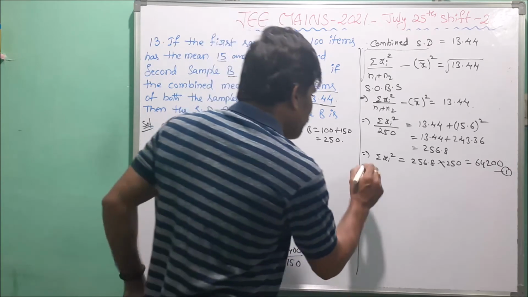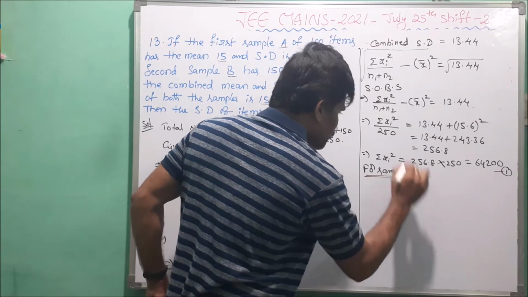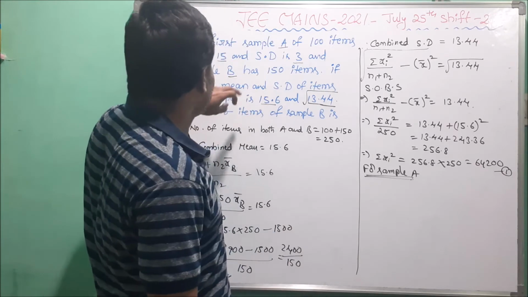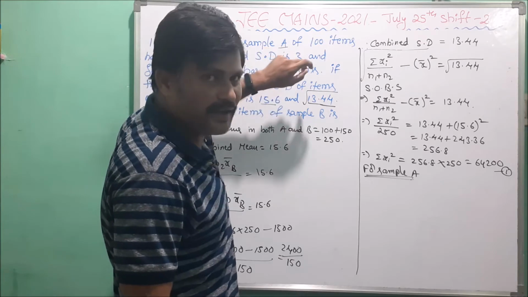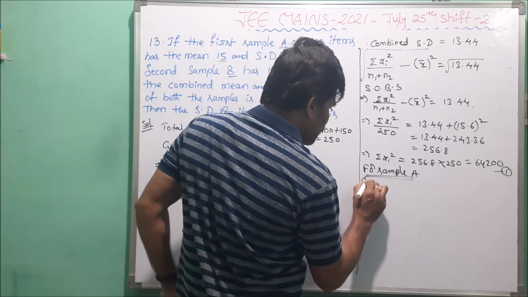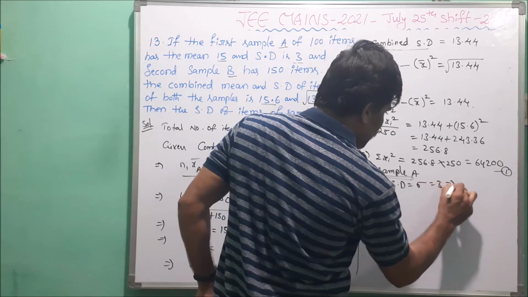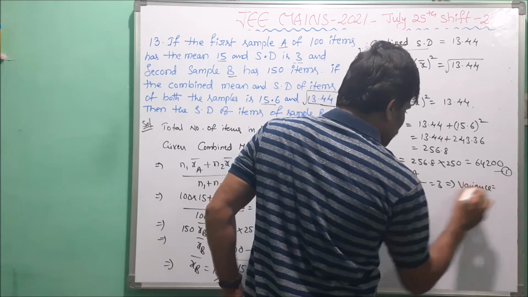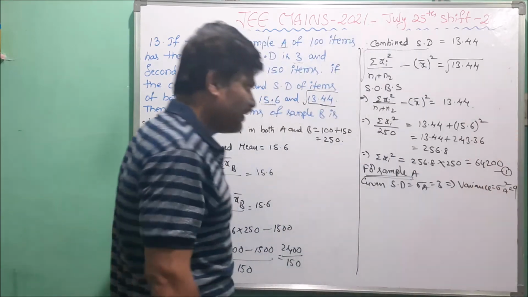Similarly, we take sample A. For sample A, the given standard deviation sigma is 3. Squaring on both sides, the variance sigma A square is 9.